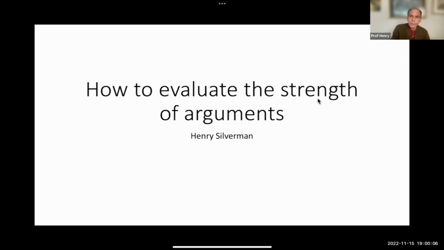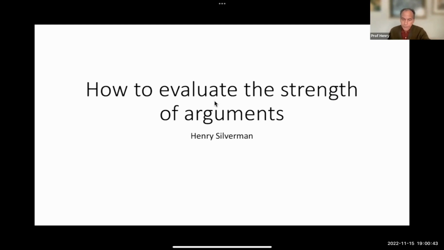We'll talk mainly about inductive arguments, and the strength of an inductive argument comes from the strength of its premises. Just like in the example of the repair guy, what's the strength of those premises? Is the claim strong?